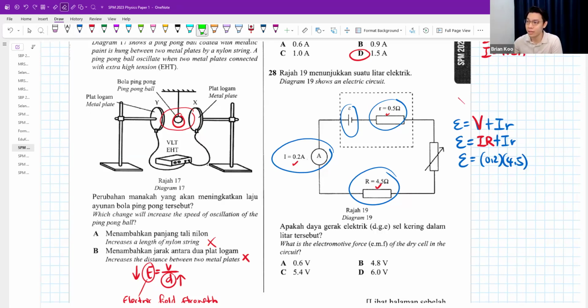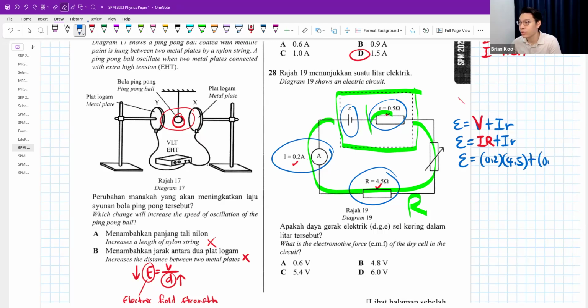The battery is in here. All the resistance outside of the battery is big letter R. Inside of the battery is small letter r. Okay. Current is 0.2. Eh, small letter r is 0.5, not 4.5. My bad.